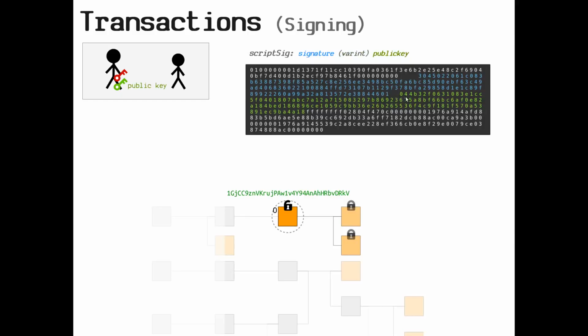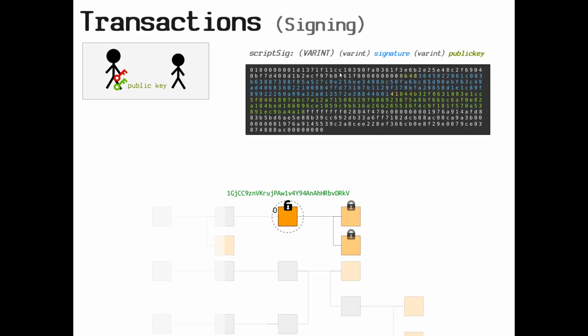Obviously, this public key can vary in size, so you need to put a variable integer here to describe how long it's going to be. Same thing for the signature, that can vary in size, so that has its own variable integer. And before the entire script sig, you put a variable integer here.